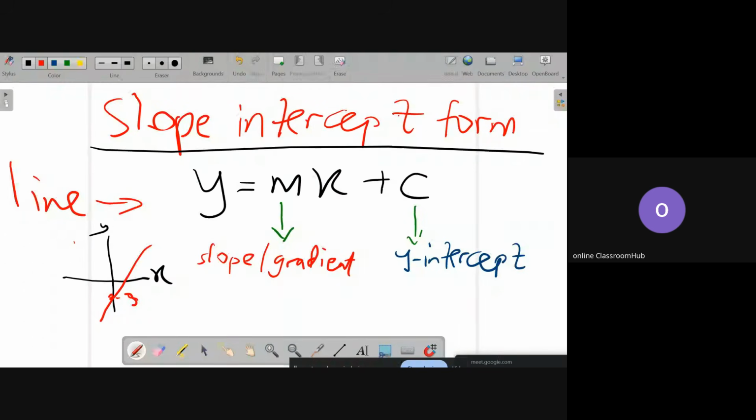Now, the slope determines how steep the line will be. The slope, the m, determines how steep the line will be. If the m is positive, the line points upwards like this.